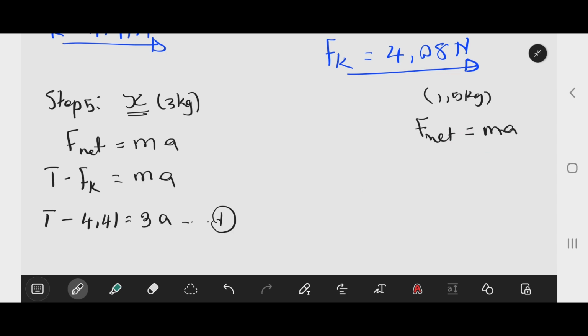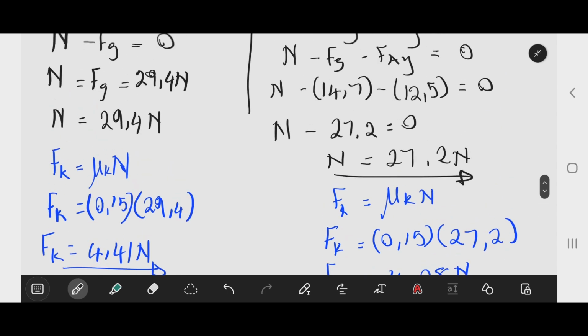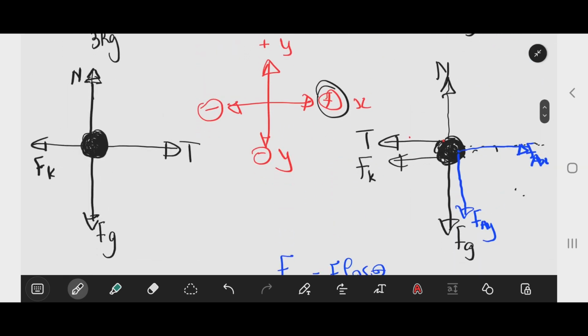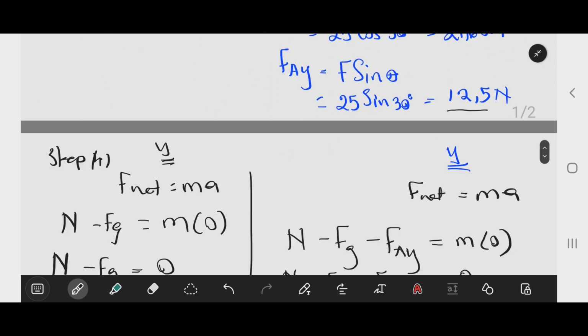So how many forces are acting in the x direction for the 1.5 kg? We have three forces from the free body diagram. We have Fax, which is the component of the applied force in the x direction. We have tension, which is negative. We have friction, which is negative.